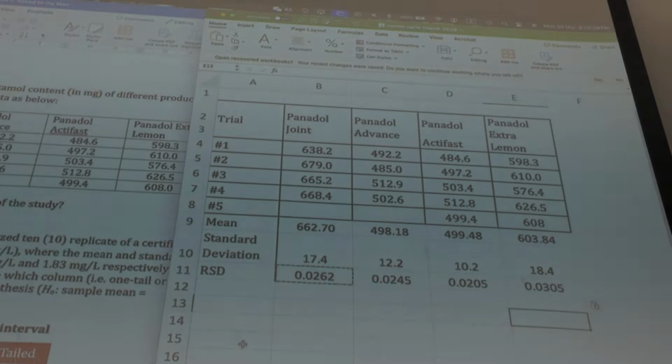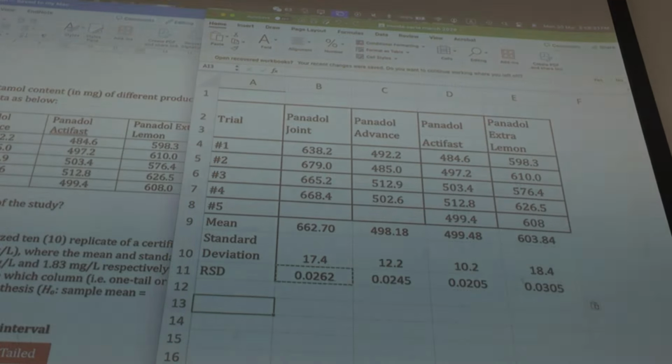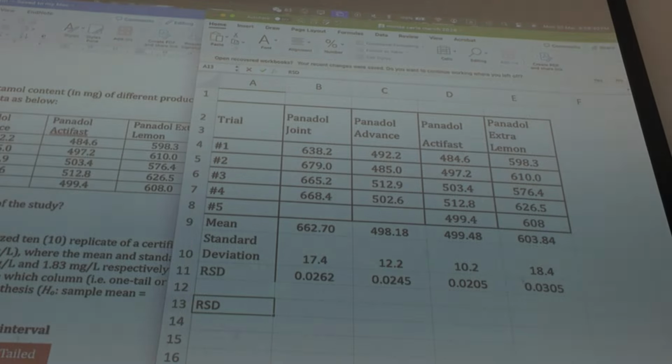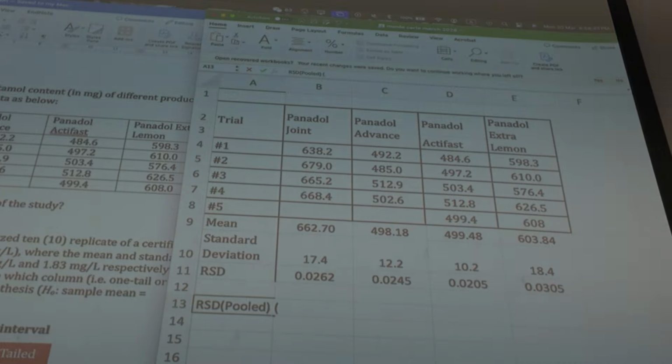Okay, and based on the RSD, you can then compute the pooled RSD, which means it is the standard uncertainty due to precision.